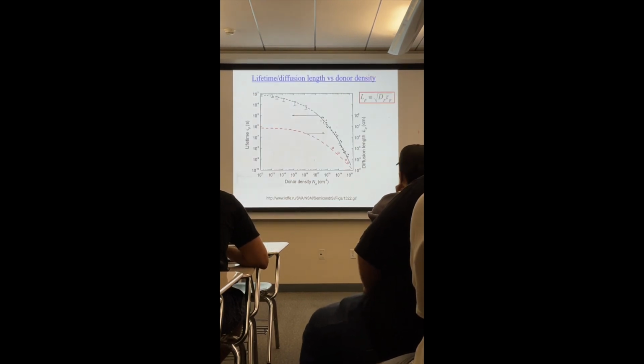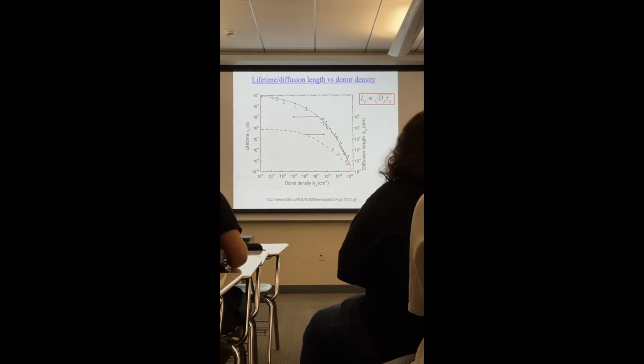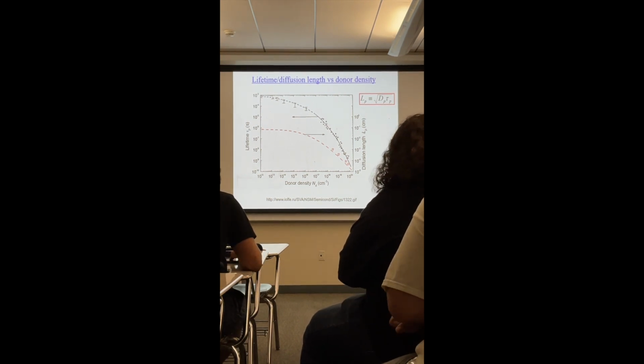Here I just want to show you how this L sub p, the diffusion length or recombination length, changes with doping. This axis is the doping concentration, this is the diffusion length, and the left y-axis is lifetime.